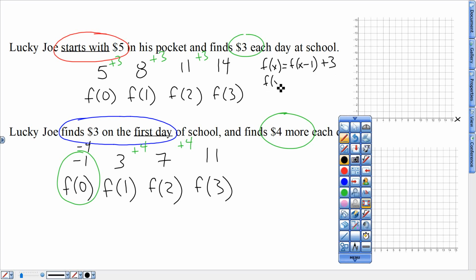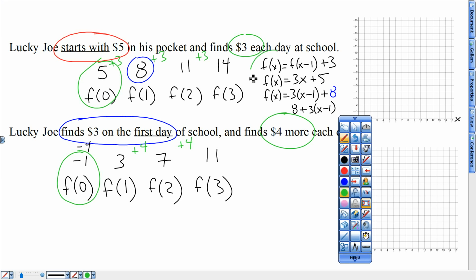Both forms of explicit, taking that 3 and putting that times x and adding that to that 5, that y-intercept term right here, that key term, or going 1 over into x minus 1 plus that 1 next to it, which is that 8 right here, plus that 8. Knowing that, I could also write that like this. Those are equivalent if I write it each way like that, but know all 3 forms.